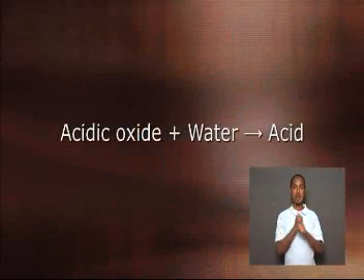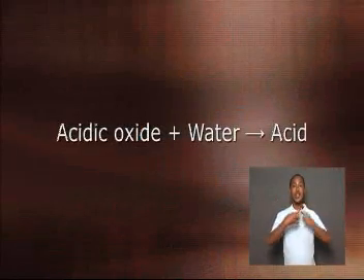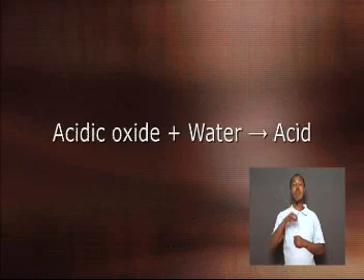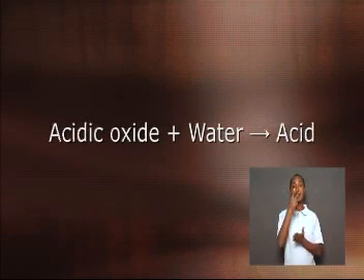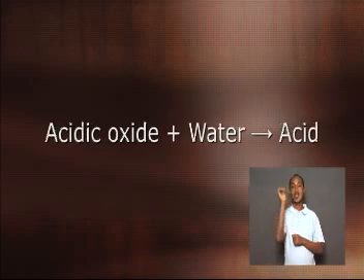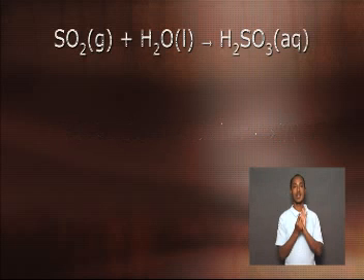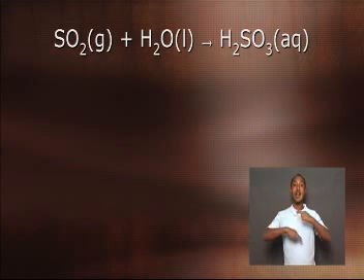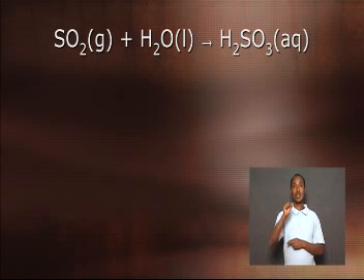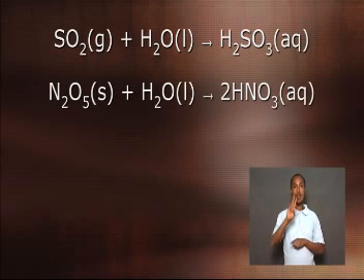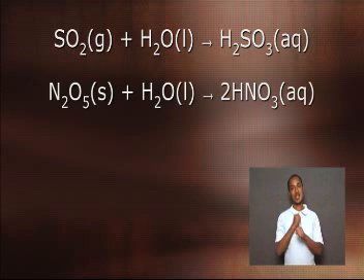Acids can be prepared through the reaction of oxides of nonmetals, also referred to as acidic oxides, and water. For example, when sulfur dioxide and water react, sulfurous acid is produced. When dinitrogen pentoxide and water react, nitric acid is formed.